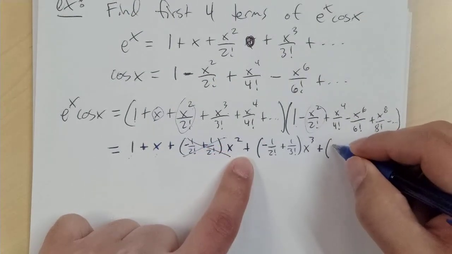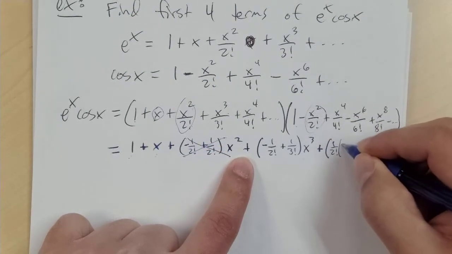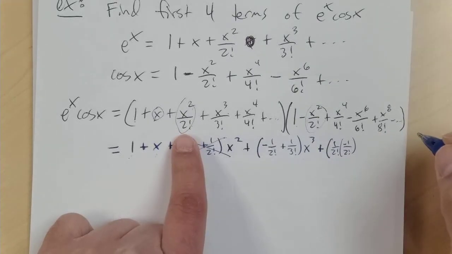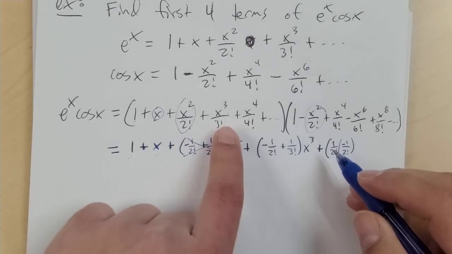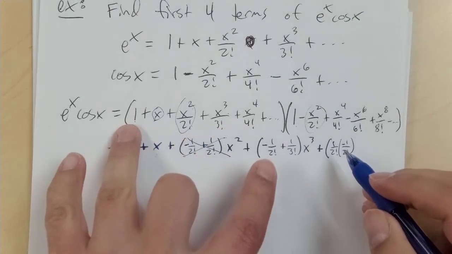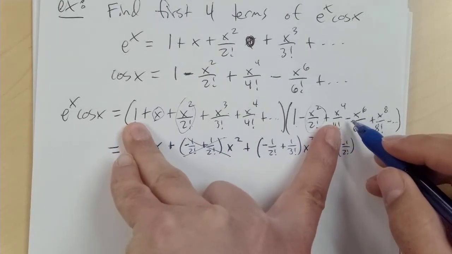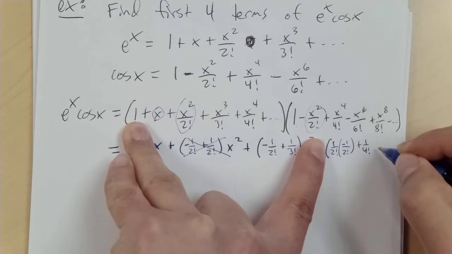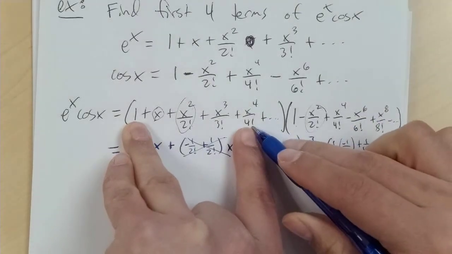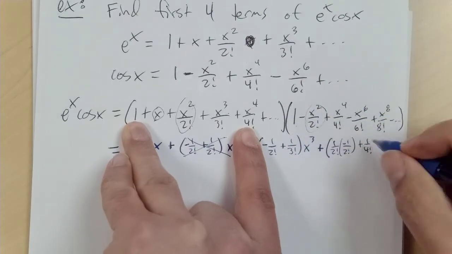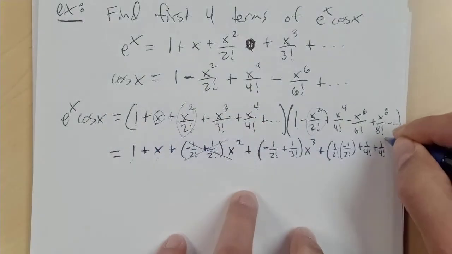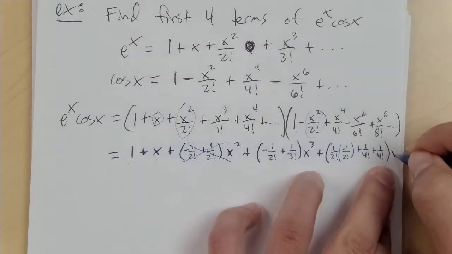So that'll be 1 over 2 factorial times negative 1 over 2 factorial. I will also get x to the 4 from 1 and x to the 4 right there. So that's going to be plus 1 over 4 factorial. And one more here, x to the 4 with this one. So that's another 1 over 4 factorial. And I think that's it. So those are the coefficients for x to the 4.